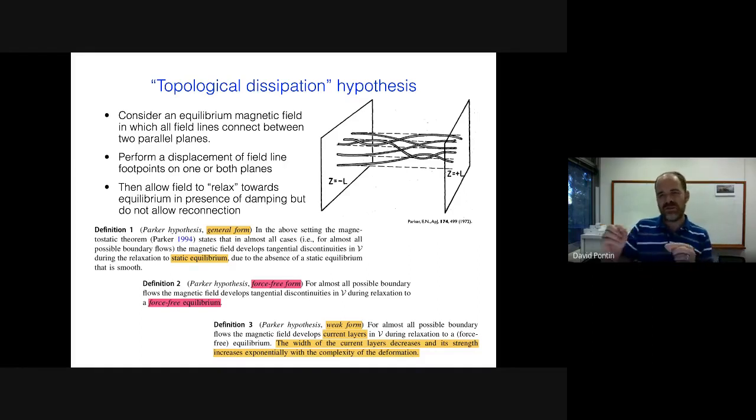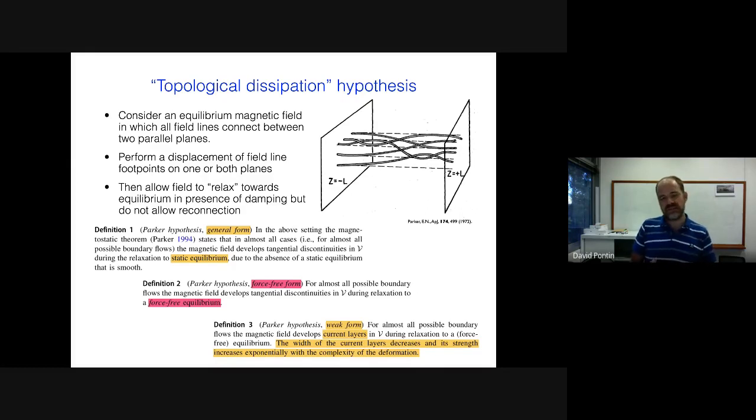You now perform some displacement of the field line foot points on one or both of those planes, and then you stop the boundary perturbation, you stop the flow on the boundary, and you relax the field towards an equilibrium in the presence of some kind of damping, but you don't allow reconnection. And if you don't allow reconnection, then the topology of the field has to be preserved. By topology here, I mean the linkage of the field lines with one another, the way that they wind around one another, as well as the way that they connect between the two boundaries.